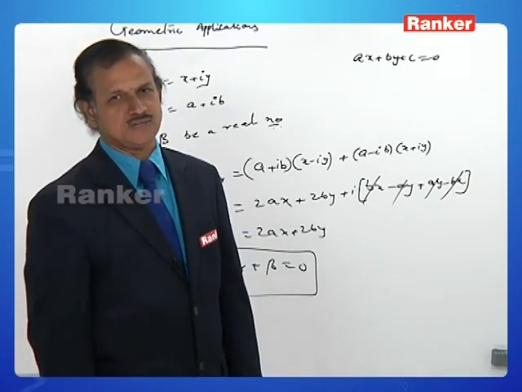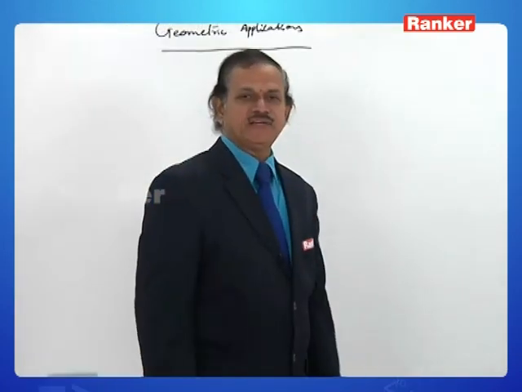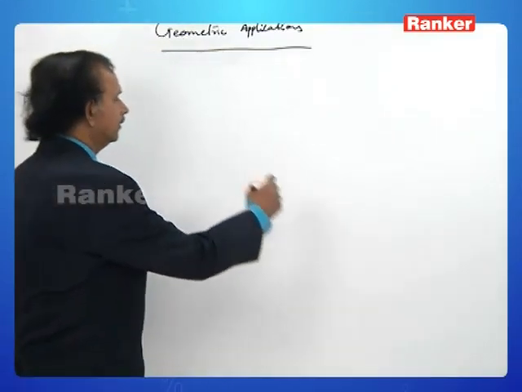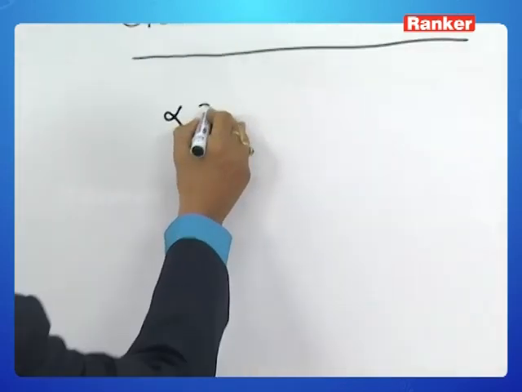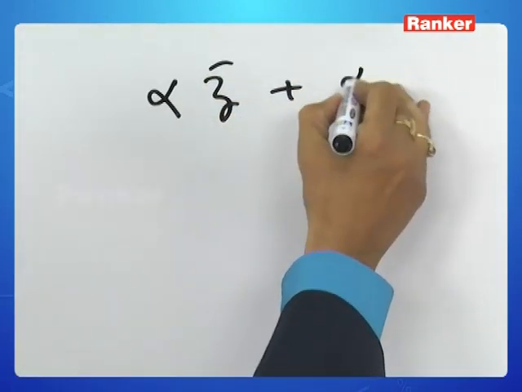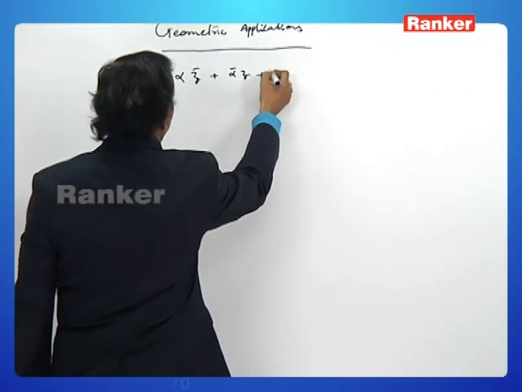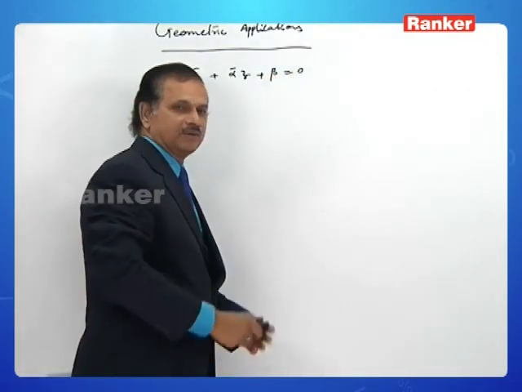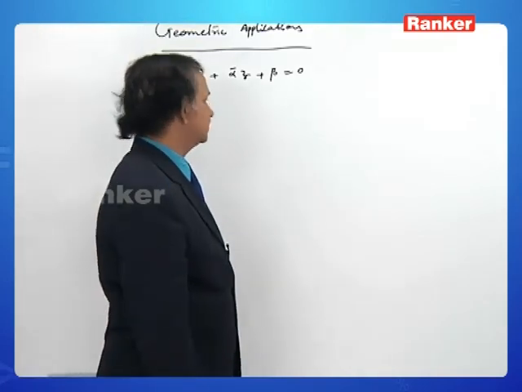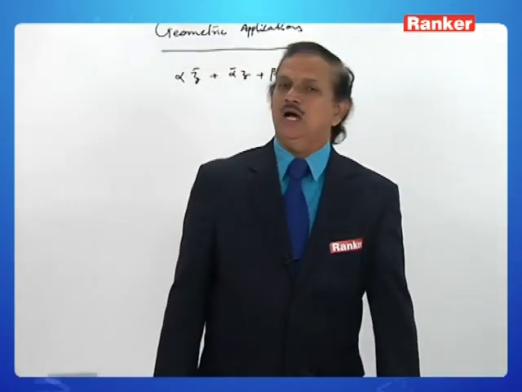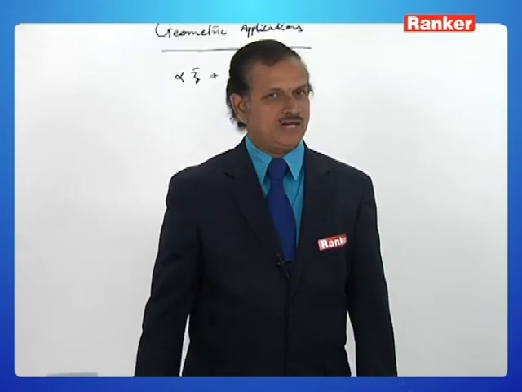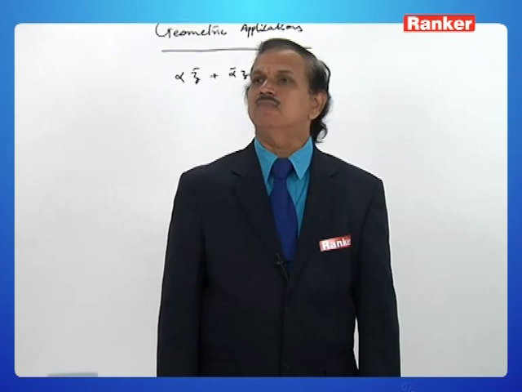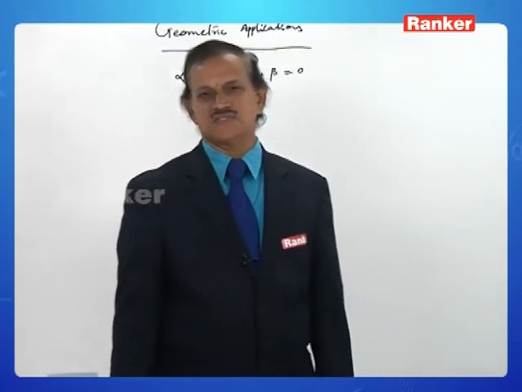Therefore, we have noticed that the general equation of a straight line is alpha z bar plus alpha bar z plus beta is equal to 0, where alpha is a non-real complex number and beta is a real constant. It is the most general and standard equation of a straight line.